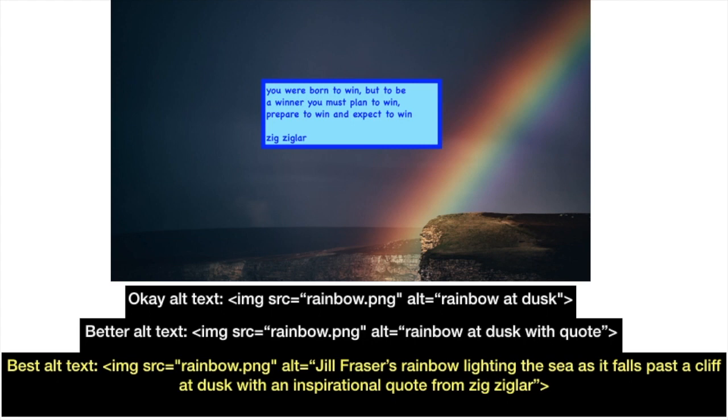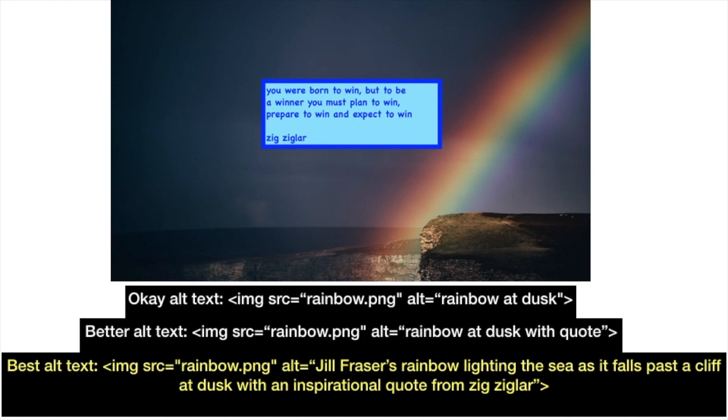You'll see on this last photo, it's a photo of a rainbow falling into the ocean past a cliff. Dusk. An okay alt text would be rainbow at dusk. The better alt text would be rainbow at dusk with a quote.